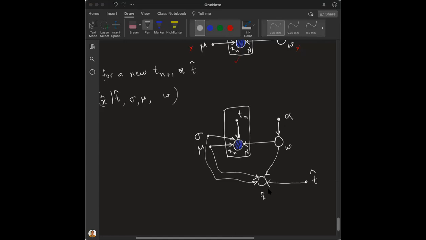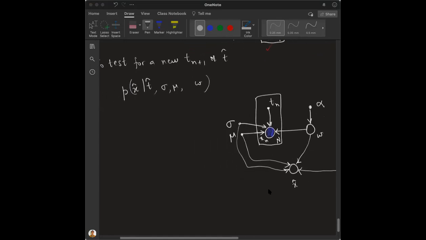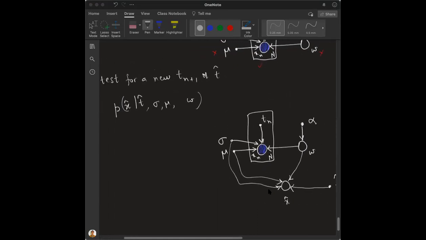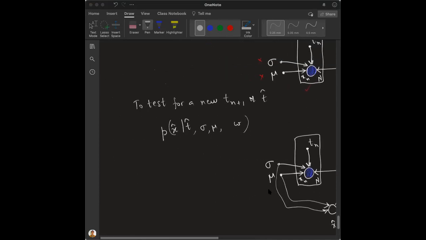Now, this is just a graphical representation. Generally you have seen Gaussian mixture models.